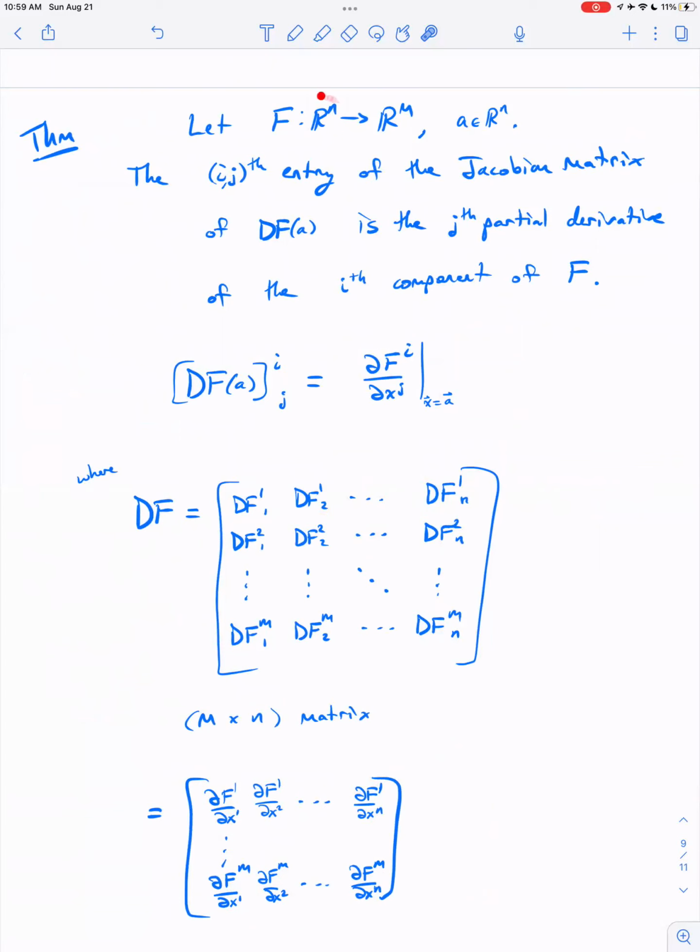So if we have a function from Rn to Rm, this theorem says that the ijth entry of the Jacobian matrix is given by the partial derivative of a component of it. Maybe this is a much shorter way of writing what I have written here, but the ijth component of the derivative matrix, once we represent things in the standard basis of Rn and Rm, is just given by the partial derivative of the fi component with respect to xj.